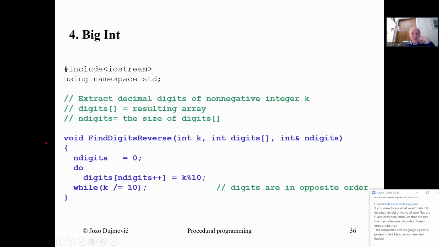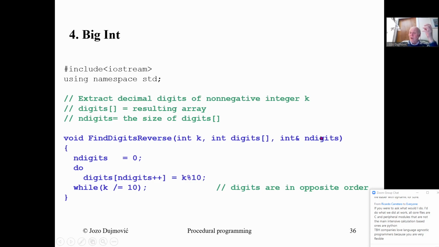Enjoy it. So what I have to do is first to take the value that I want to present, the number, and decompose this k into digits. So I have to find digits in an array. I have to take the value k and decompose that into decimal digits.